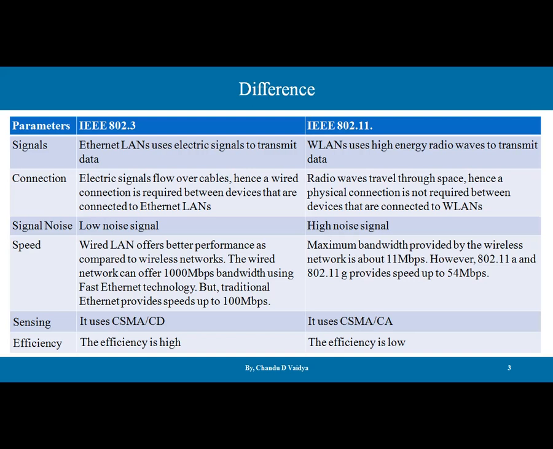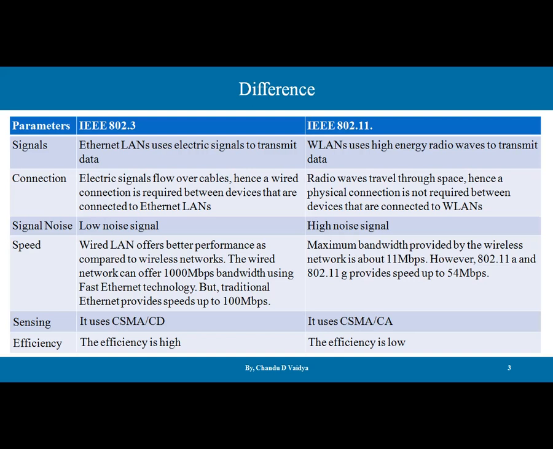Signal noise: here there will be low noise signals, but in the wireless, it is going to be high noise signals. Then talking about the speed, wired LAN offers better performance as compared to the wireless network. The wired network can offer up to 1000 Mbps bandwidth using fast Ethernet technology, but traditional Ethernet provides up to 100 Mbps. In wireless, the maximum bandwidth provided is about 11 Mbps.